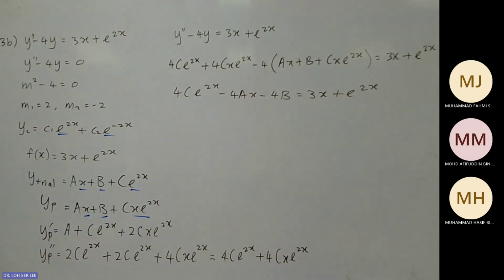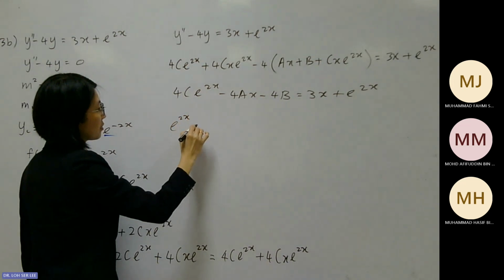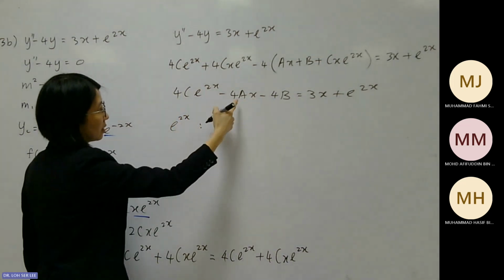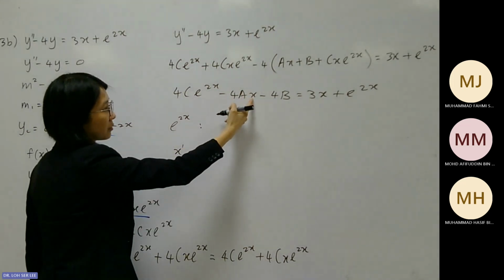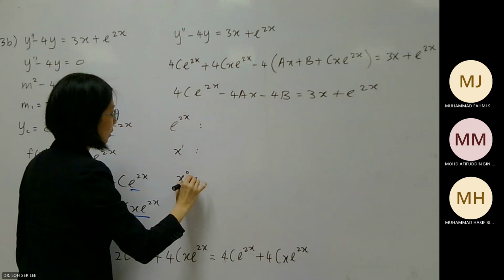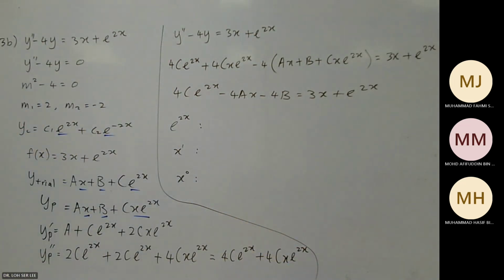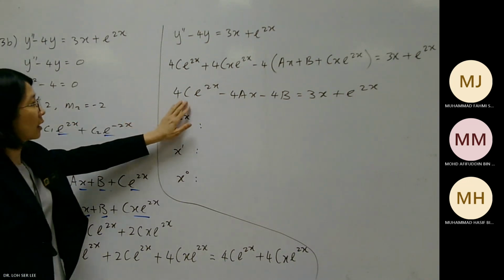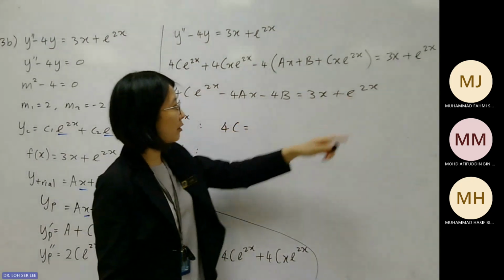To get the values of A, B, C, you need to compare the coefficients. A you find from x, B you find from the constant, and C from the function e^2x. For e^2x on the left, we have 4c, and on the right, we have plus 1.